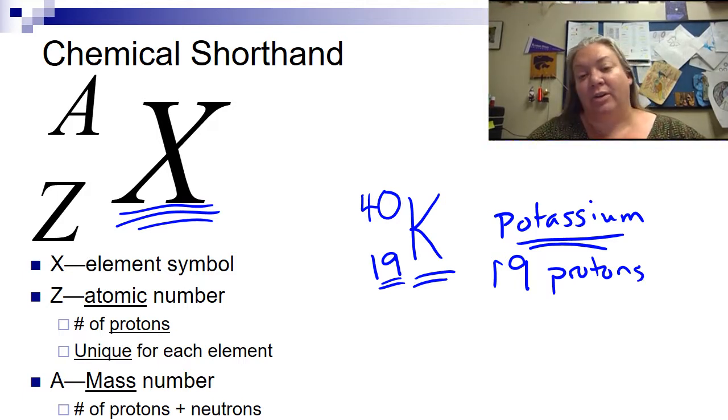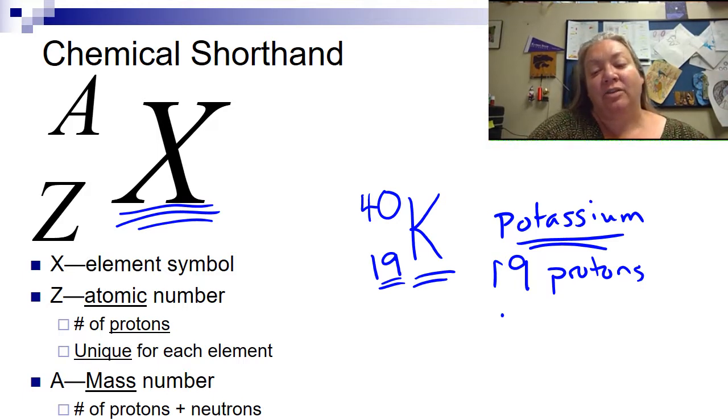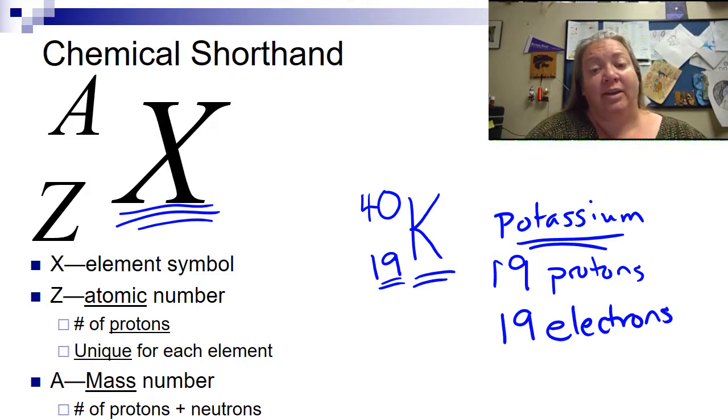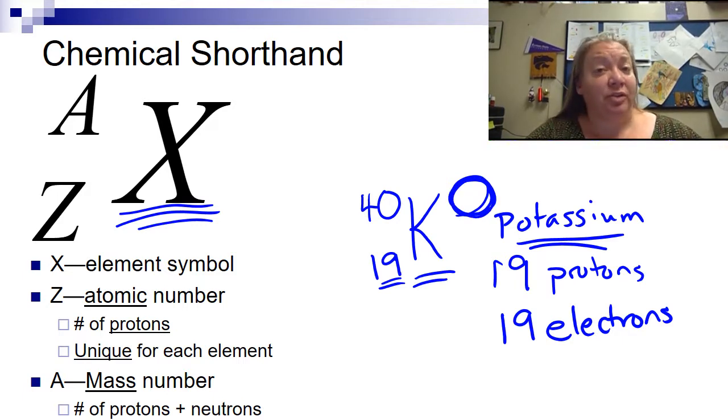And the next thing you learn is that the number of protons will equal the number of electrons, as long as it's a neutral element. Neutral meaning that it does not have a charge. There's no positive and no negative. That positive or negative would be in the upper right-hand corner. This one is neutral. So we have 19 protons, we have 19 electrons.